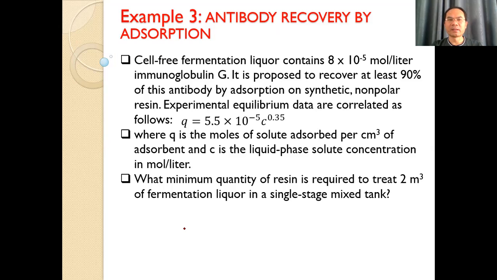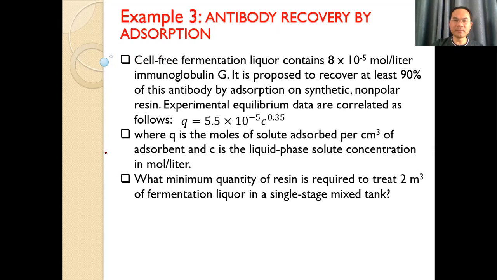Okay. We have the initial concentration of 8 multiplied by 10 to the minus 5 mole per liter, and we utilize the non-polar synthetic resin. At equilibrium, data are correlated as Q equal to 5.5 multiplied by 10 to the minus 5 C to the power 0.35.